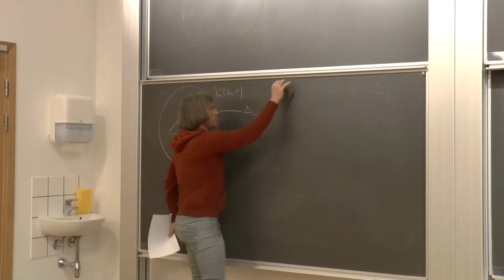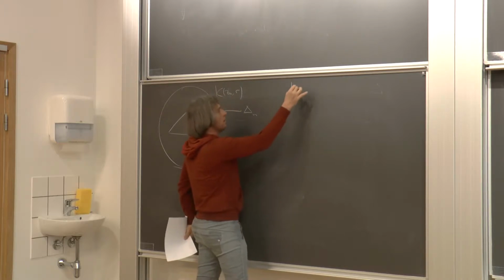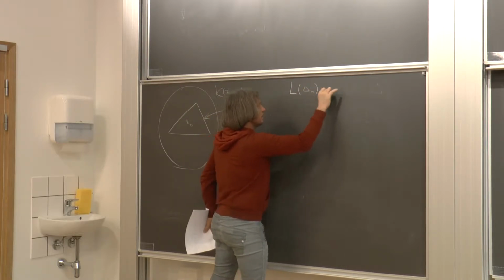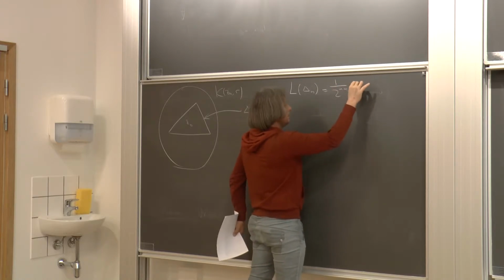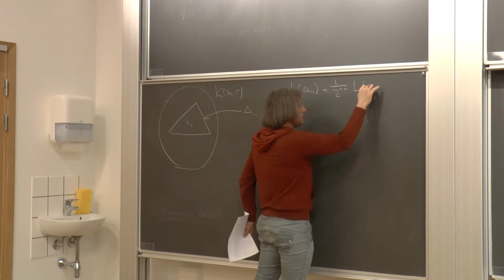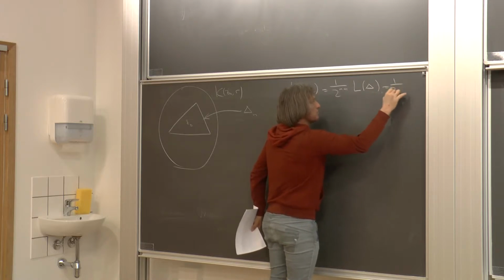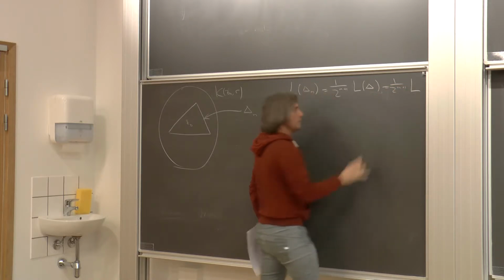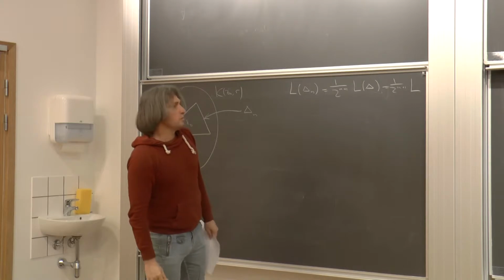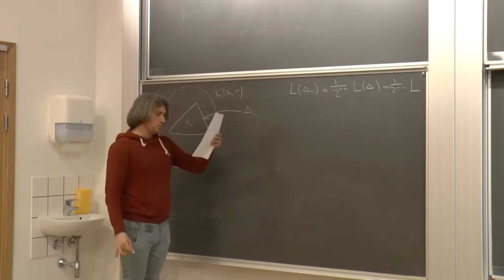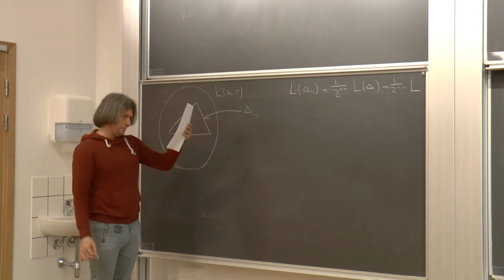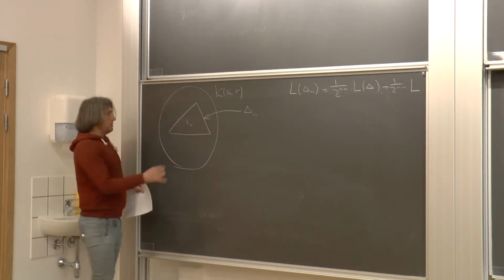We have that the perimeter L of delta n is 1 over 2 to the n plus 1 times L of delta. So that's what I wrote before. I think the book says 1 over 2 to the n, but I think it's not important.